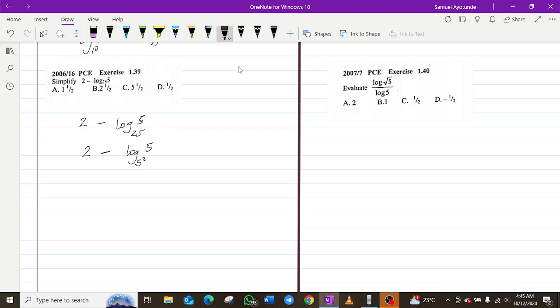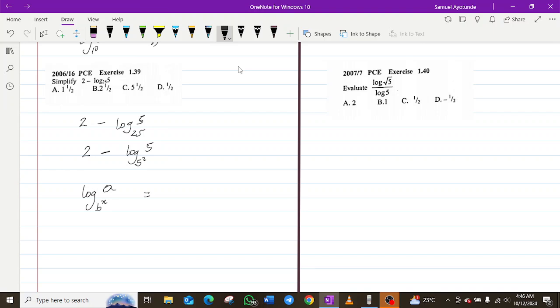There is a law which I've explained, where I said if the base carries a power, let me use alphabets here. If the base carries a power, the inverse of the power in the base will become the coefficient. So if I have A over here, then I have B raised to power x.